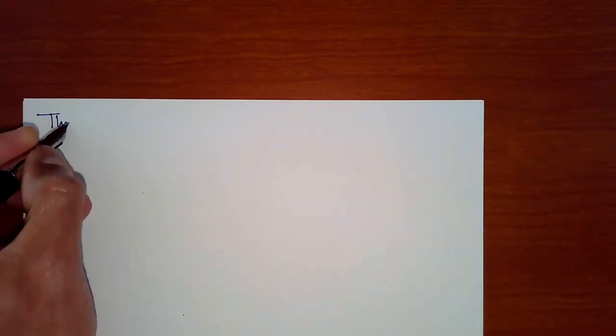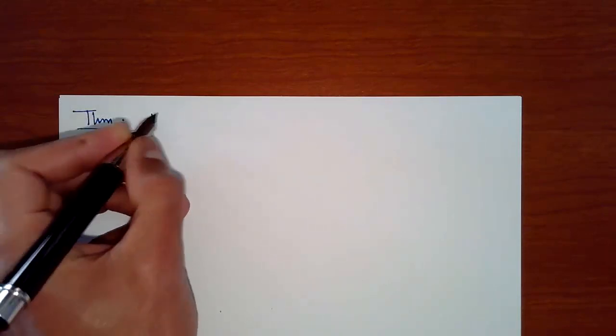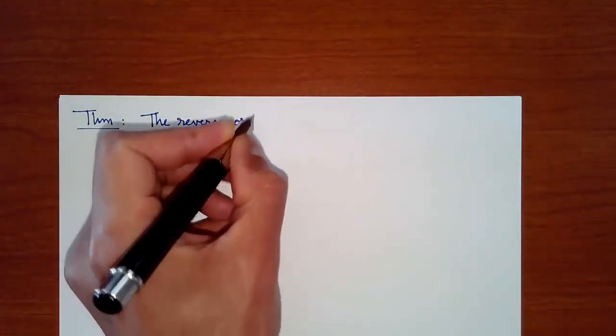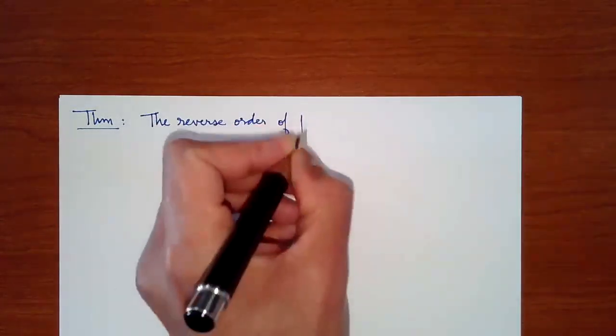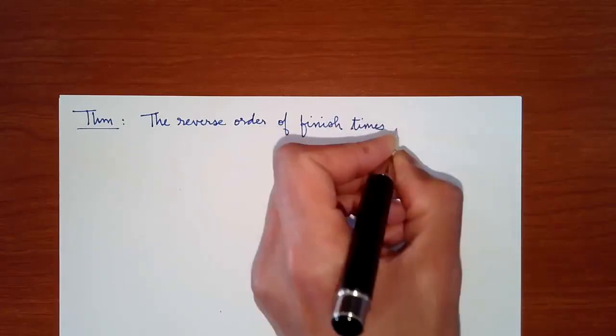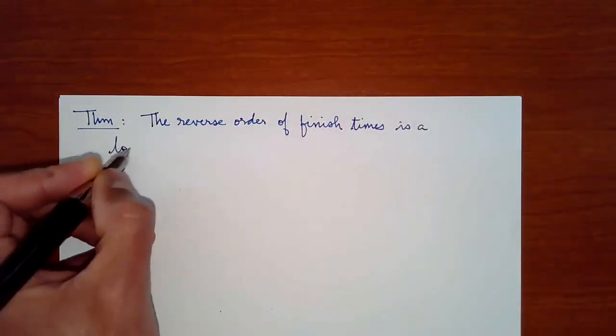And this is now where DFS shows its power. It's a remarkably simple yet powerful statement. It says the reverse order of finish times is a topological order.